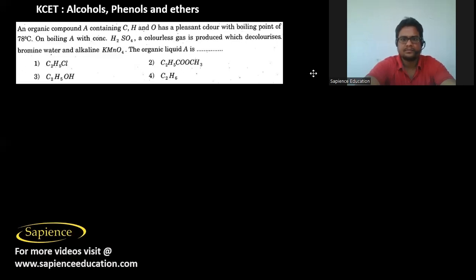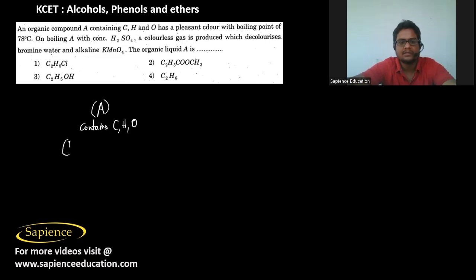Here it is said that an organic compound A containing C, H and O has a pleasant odor. So we have an organic compound A which contains carbon, hydrogen, and oxygen, and it has a pleasant smell and a boiling point of 78 degrees Celsius.